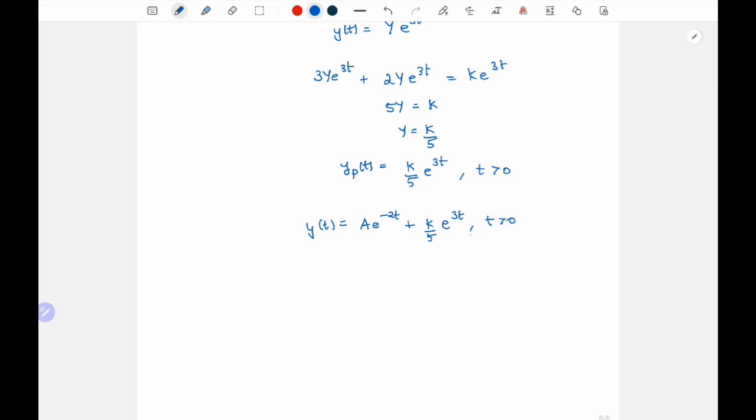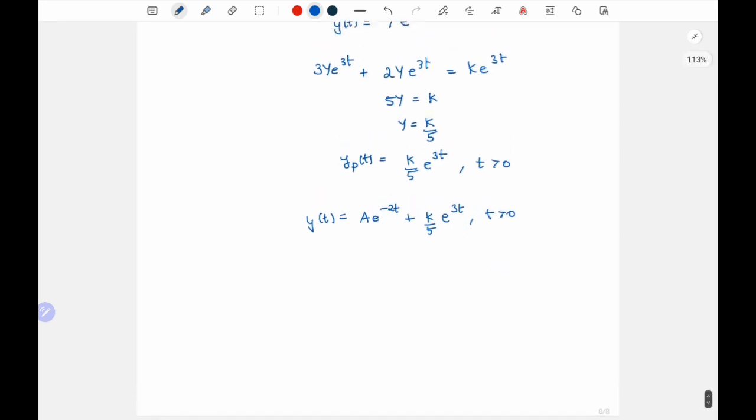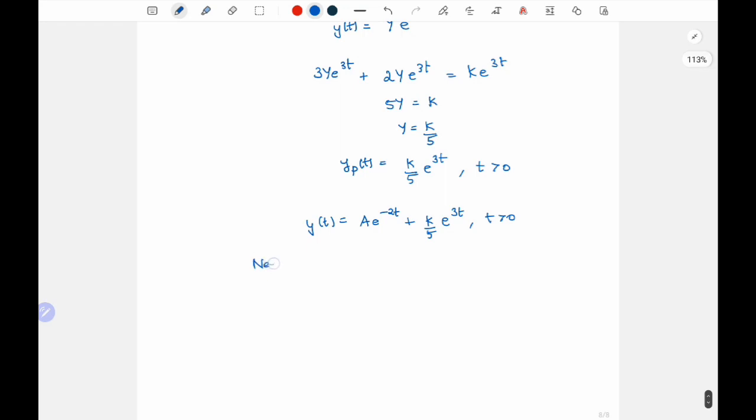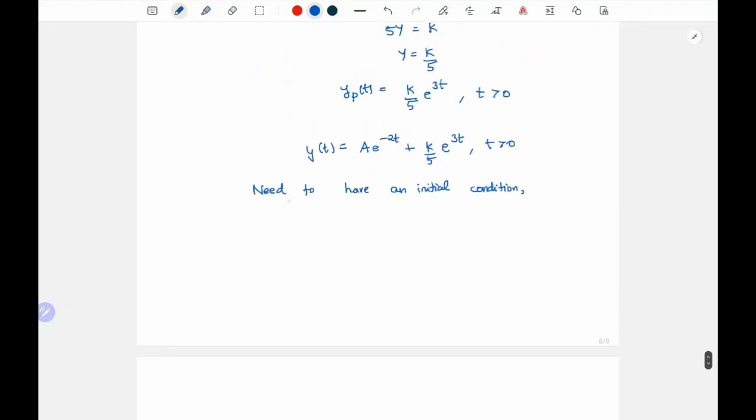So to find what it is at all instants, we need to have an initial condition. So let us take this condition. Since x of t is equal to 0 for t less than 0, let us also assume y of t is equal to 0 for t less than 0.